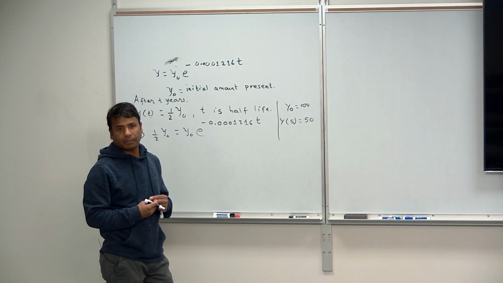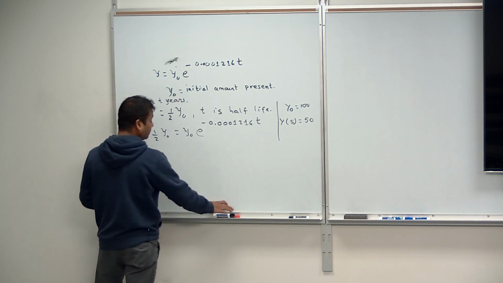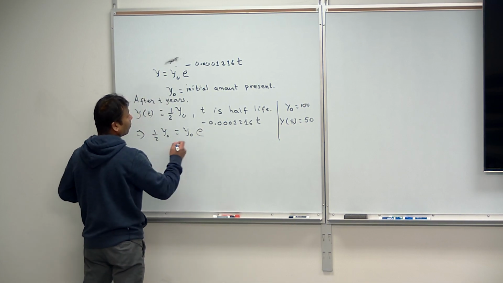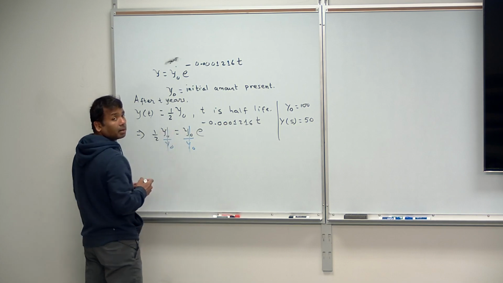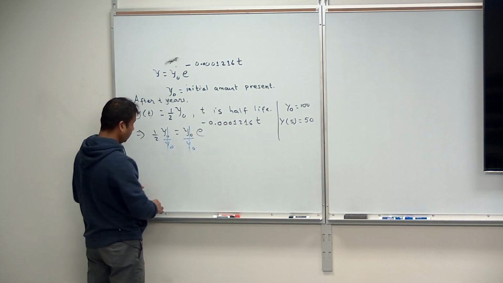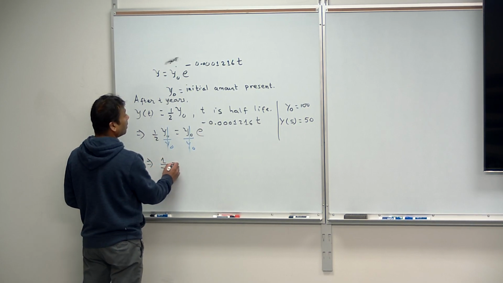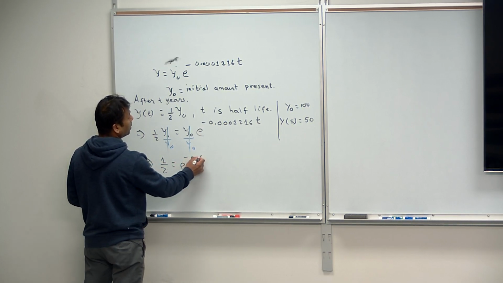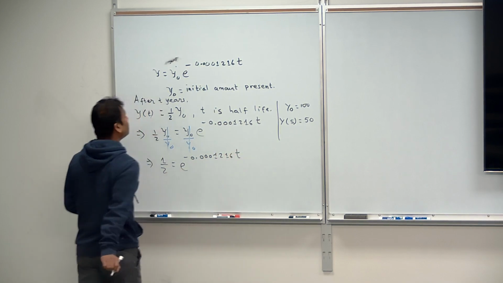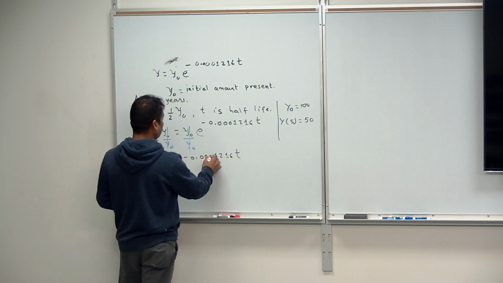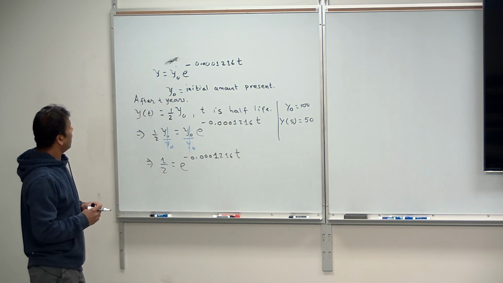Makes sense? Okay. So now you divide both sides by y sub 0. You cross them out, right? So that's going to be 1/2 equal to e to the power negative 0.0001216t.